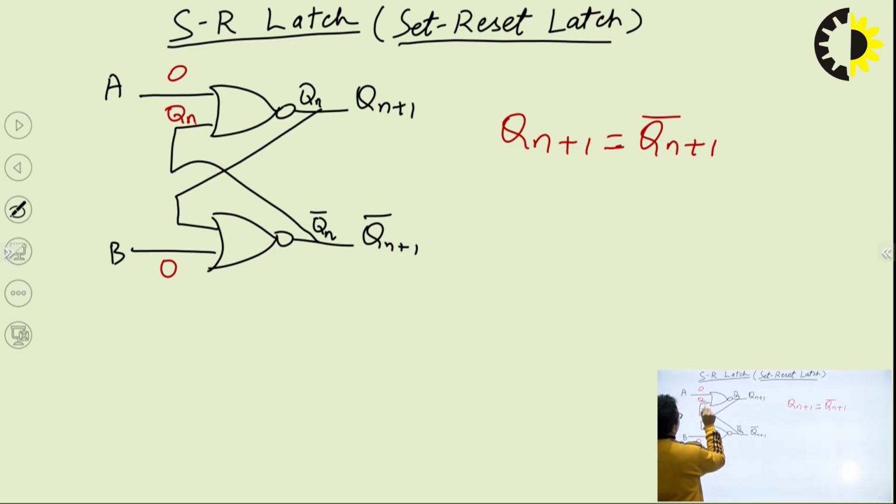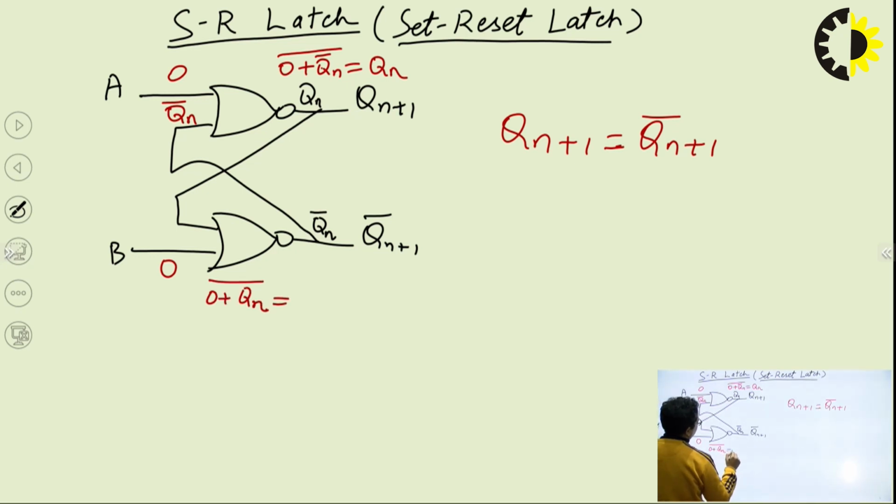So 0 plus Qn complement to the whole complement, which will be written as Qn. Similarly, if I am considering this one, it is 0 plus Qn to the whole complement, which is equal to Qn complement.